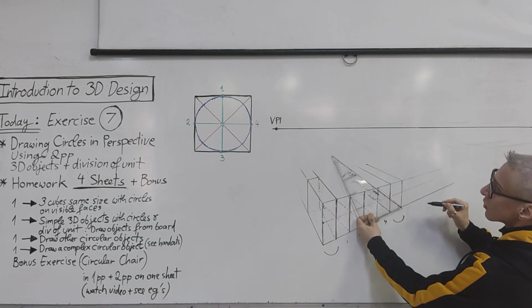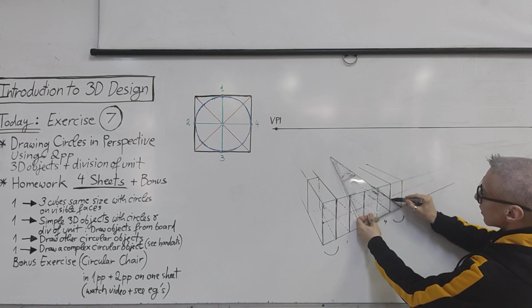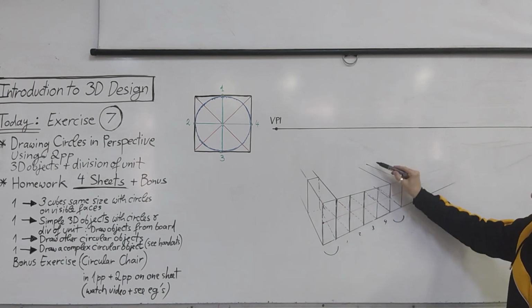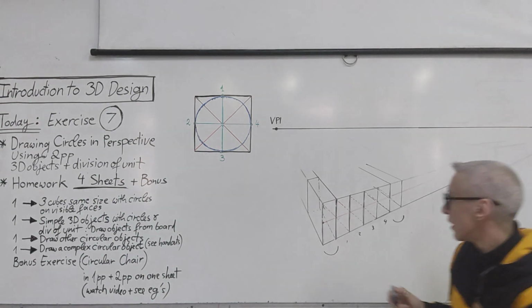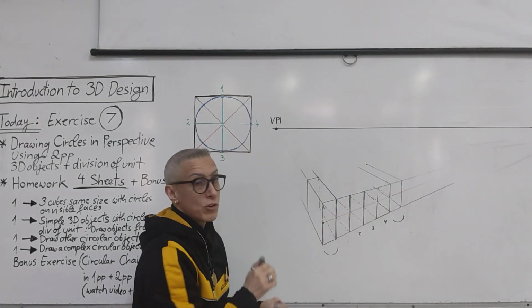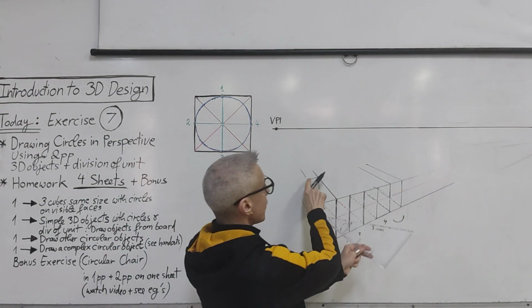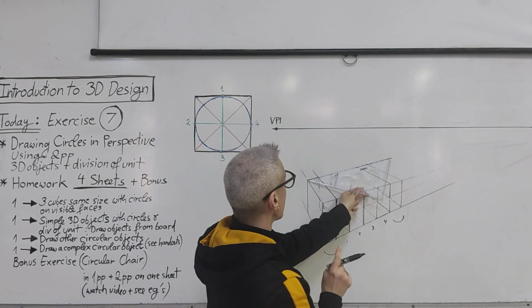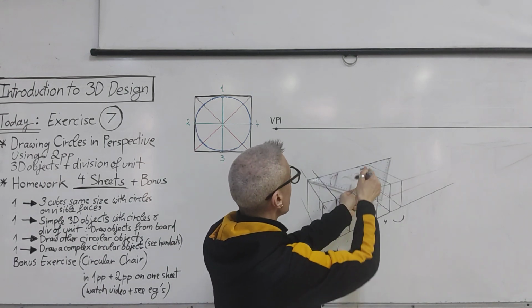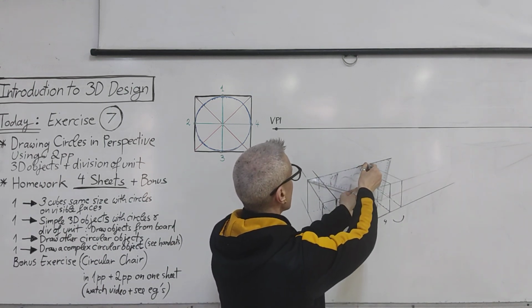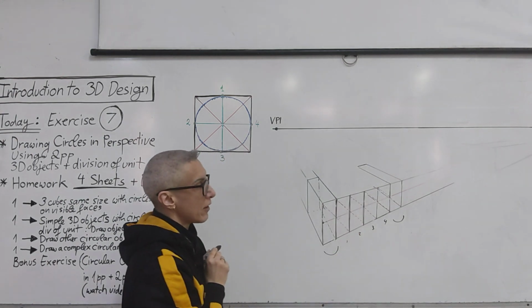And here also. Now, where do these end? Well, if it's the same size like this object, it's very easy because we already have this line. Okay, this line going to the vanishing point, it will intersect here. Okay, so here is the end.